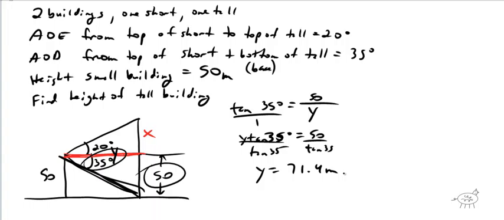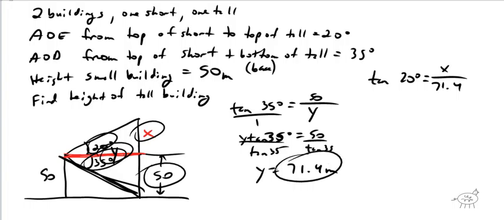Okay, so now I have y, and I can go to the top triangle. And I can say, I've got y, and I have 20 degrees, and I need x. So again, there's no hypotenuse, so I'm using tangent again. So tangent of 20 degrees equals x over 71.4. Now I rounded that, and you're not going to round it. You're going to keep that in your calculator, because if I cross multiply, I get x equals 71.4 tangent of 20.